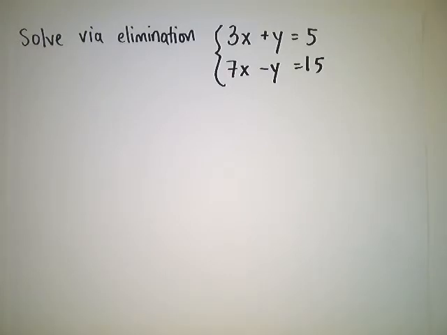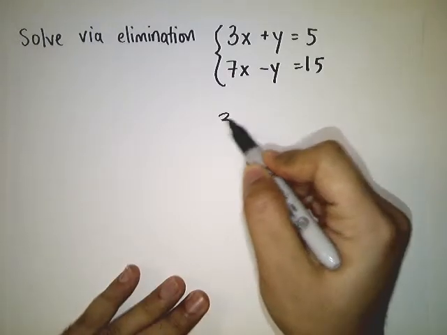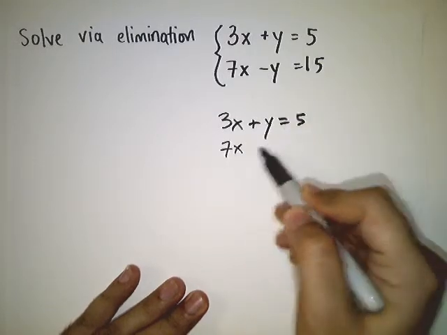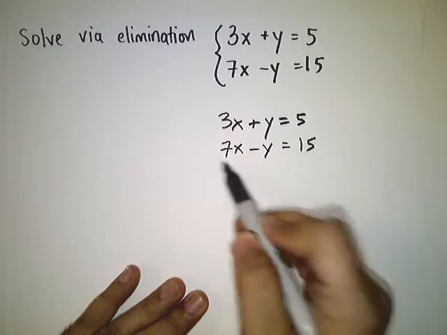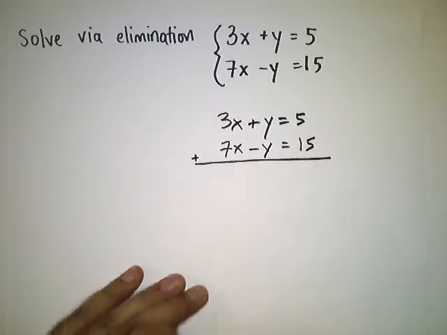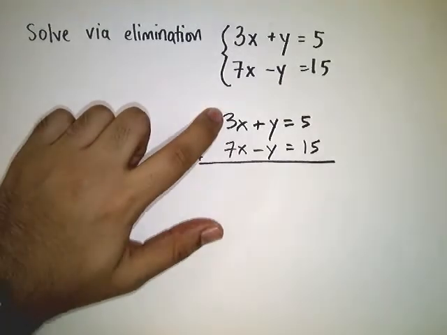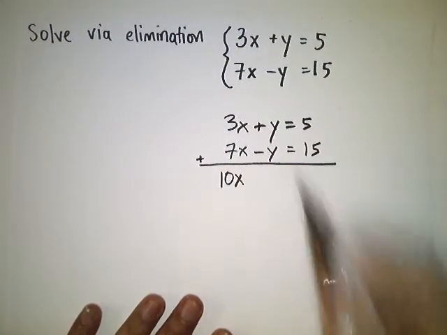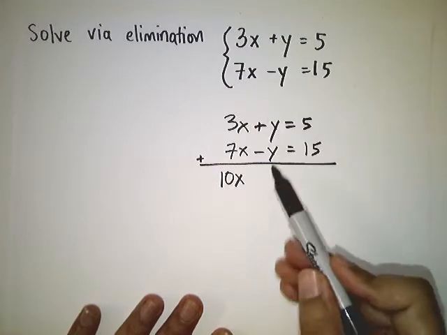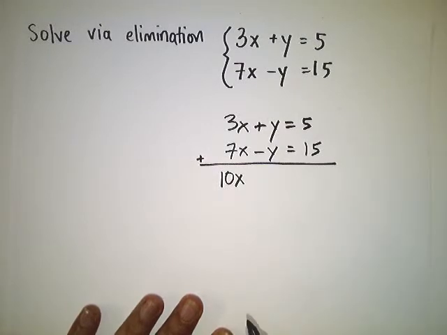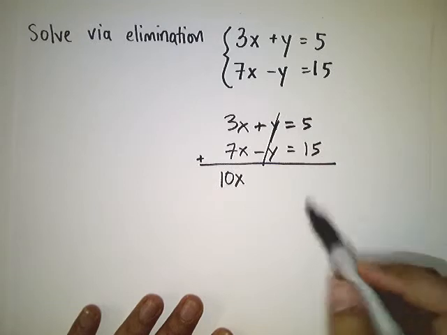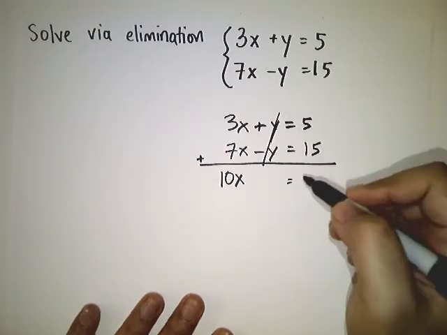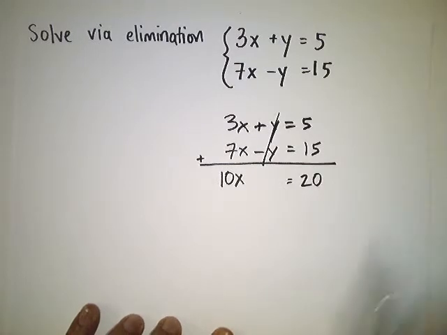When we add these up, 3x plus 7x gives us 10x. Positive y plus negative y will cancel out, so we get nothing from there. And 5 plus 15 gives us 20.